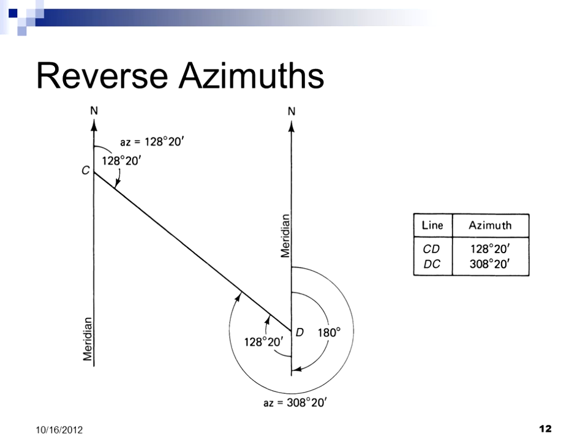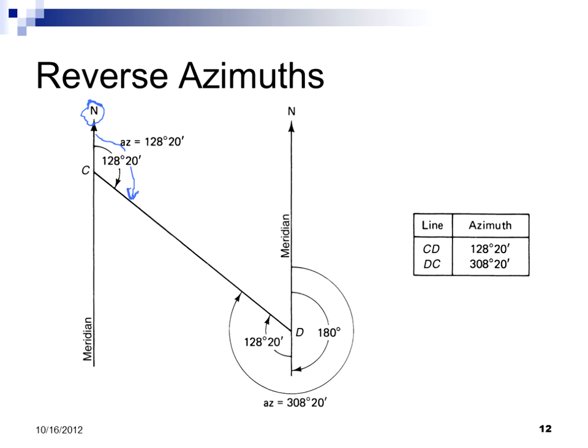So in this example, let me put a darker color back up here. Here's our meridian, our north meridian, right there. Here's our line, C to D, and here's our azimuth, 128 degrees, 20 minutes.